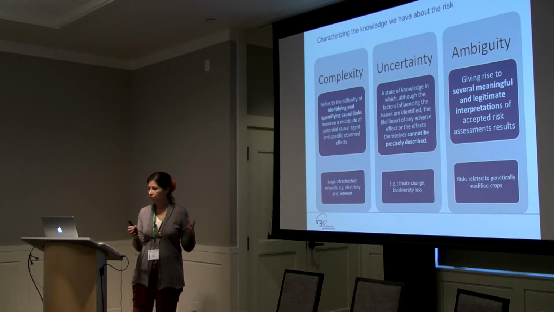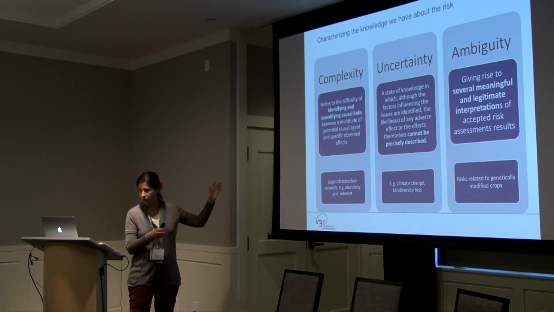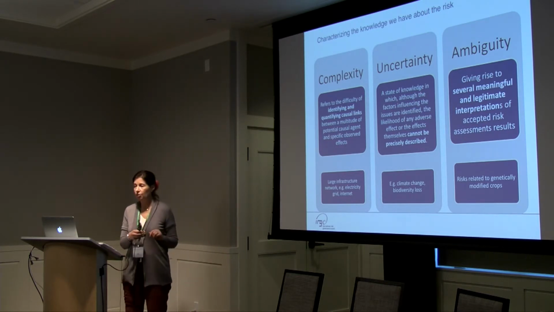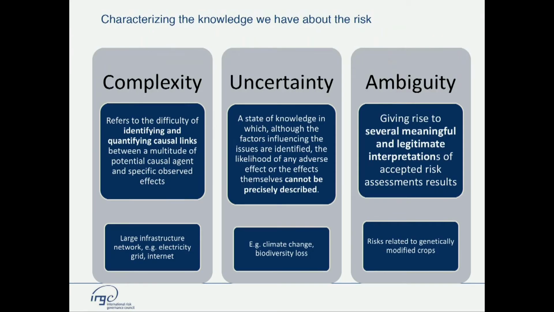We have four types of knowledge: the simple knowledge, which is not shown here, complexity, uncertainty, and ambiguity. Complexity is about identifying and quantifying causal links. Uncertainty is about the fact that we cannot precisely describe. And ambiguity is linked to controversies and conflicts. Sometimes there are trade-offs that have to be made.